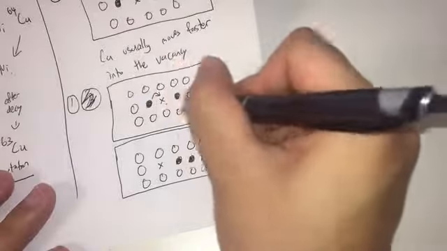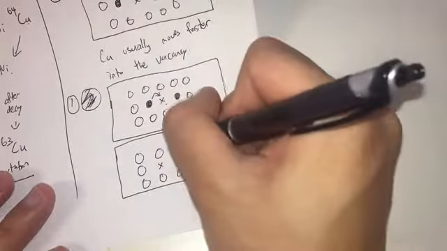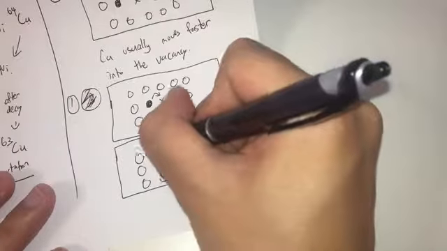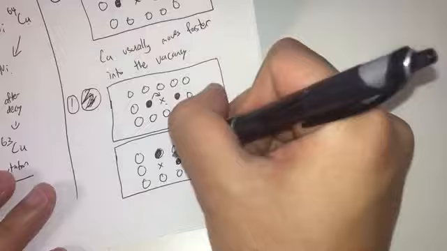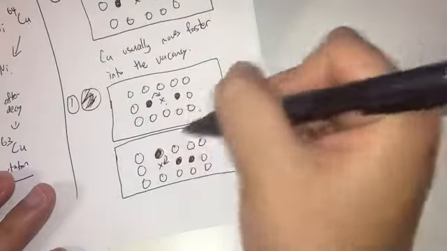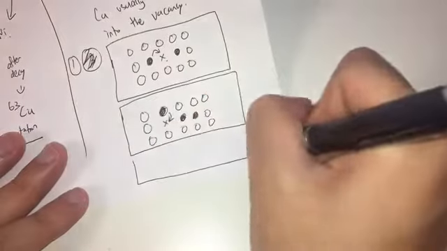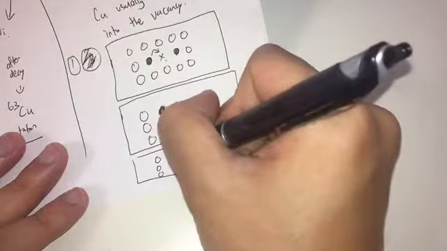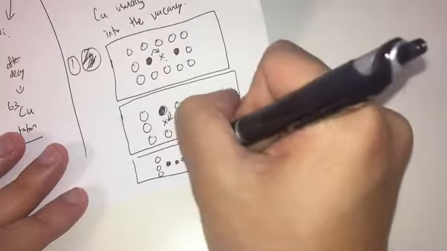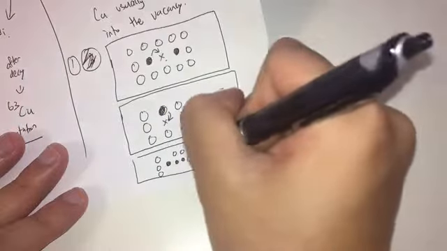If we repeat this process many times, let's say this, for example, is a copper atom. It can move towards here, and then it will form these.